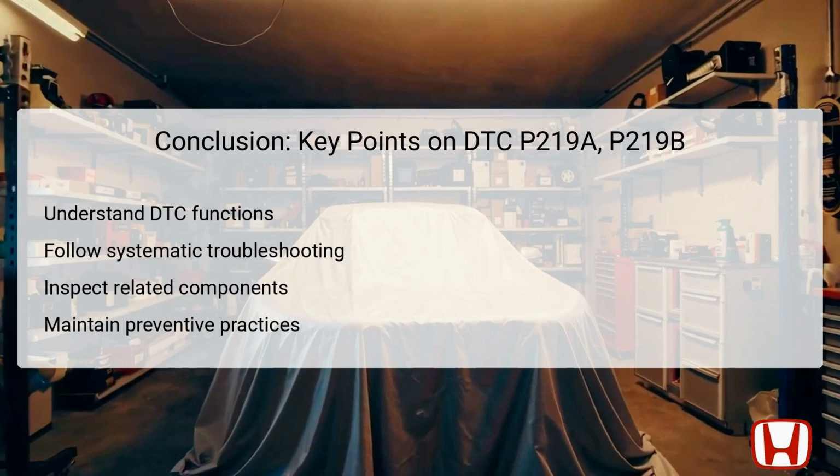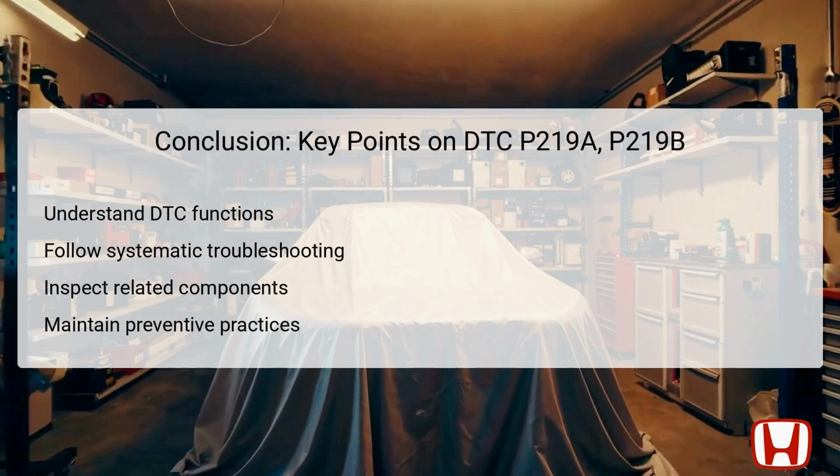In conclusion, DTC P219A and P219B signify air-fuel ratio variations within the Honda Pilot from 2016 to 2022, impacting performance, efficiency, and emissions. Understanding these codes provides a solid foundation for effective troubleshooting, ensuring each step is undertaken systematically.